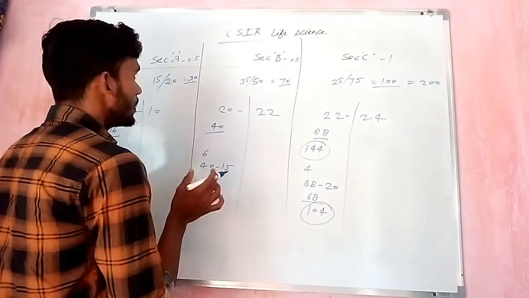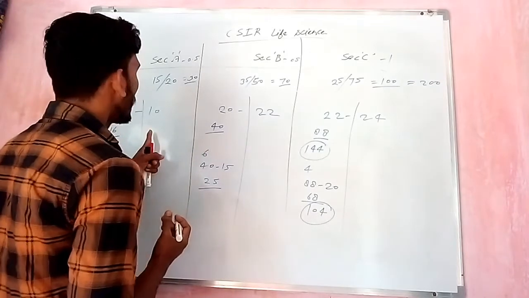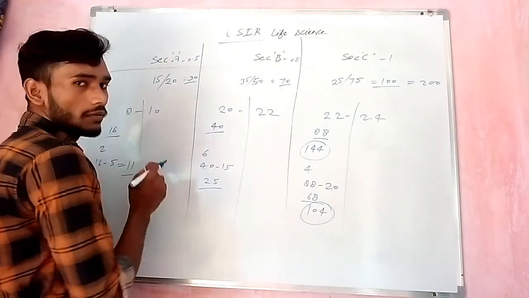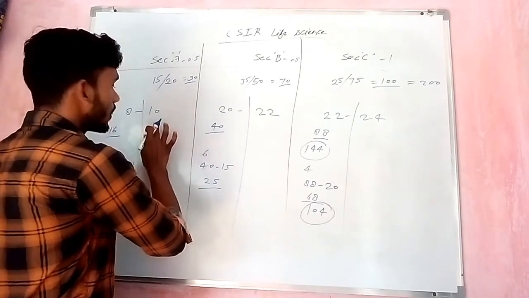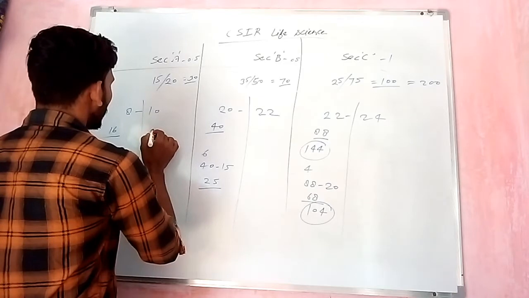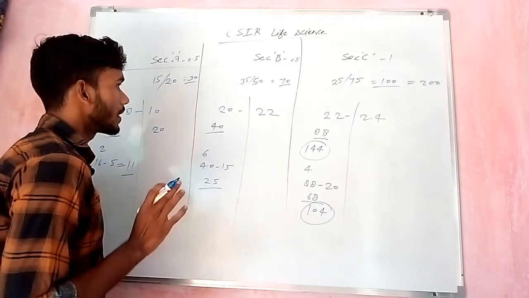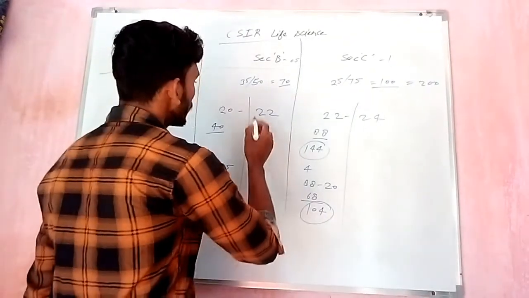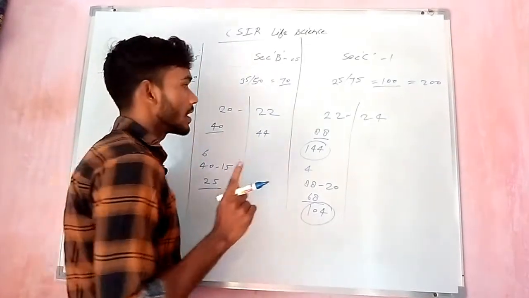For JRF, we should attempt a greater number of questions. In section A, we should attempt 10 questions. If we attempt 10, we get 20 marks if all of them are correct. In section B, if we attempt 22, 22 into 2 is equal to 44 marks if all of them are correct.